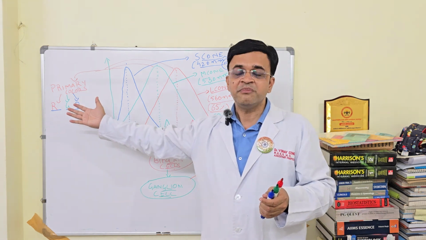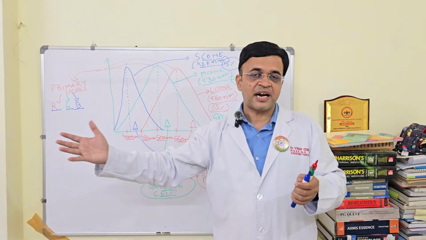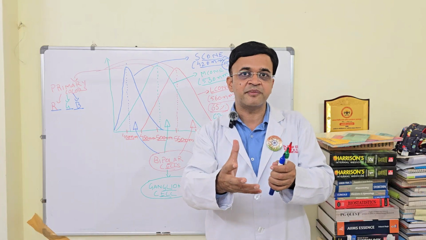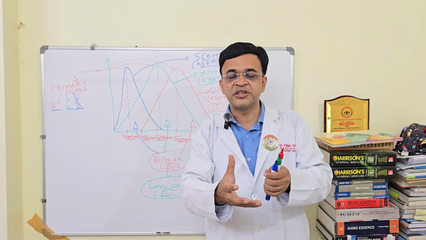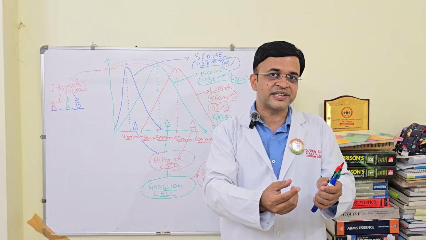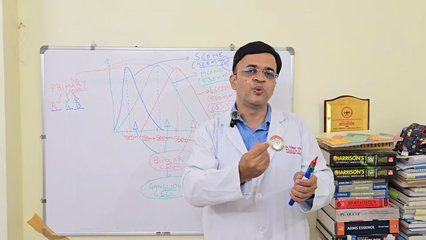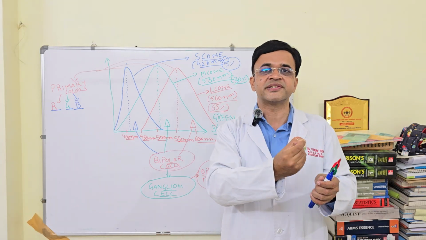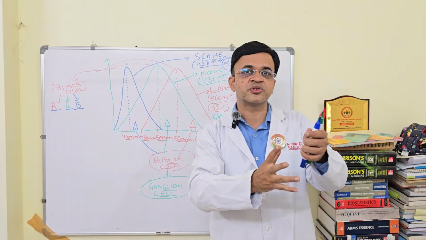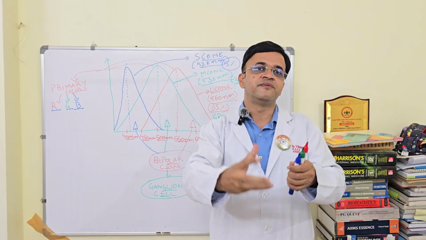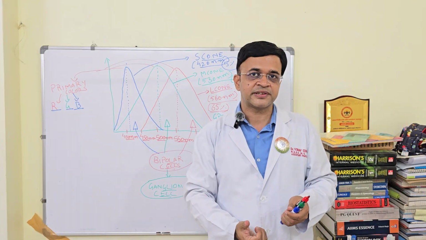So 10 million hues are possible by mixing red, green and blue. All your LCD screens and mobile screens have only red, blue and green pixels, and by mixing those pixels, we produce millions of colors.